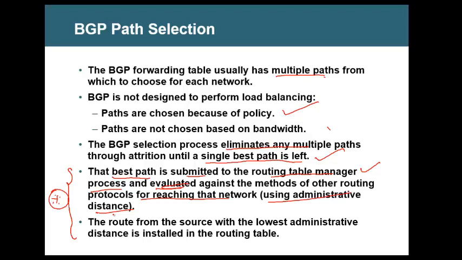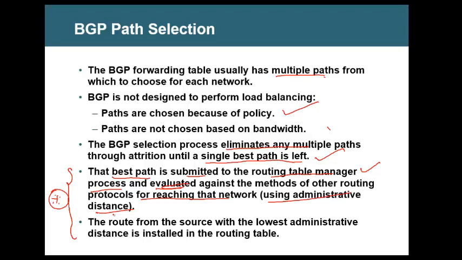For the same destination, EIGRP gives, OSPF gives, BGP gives. Which one to choose? Which path to choose? Based on the administrative distance.